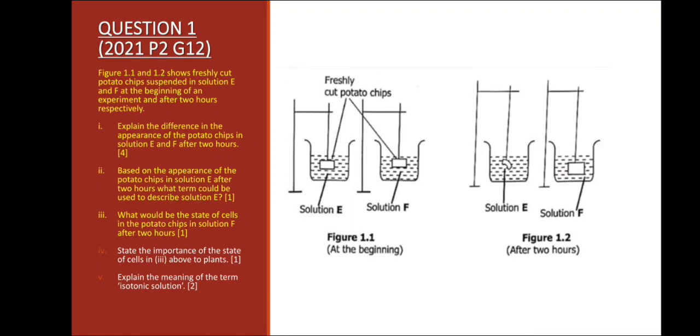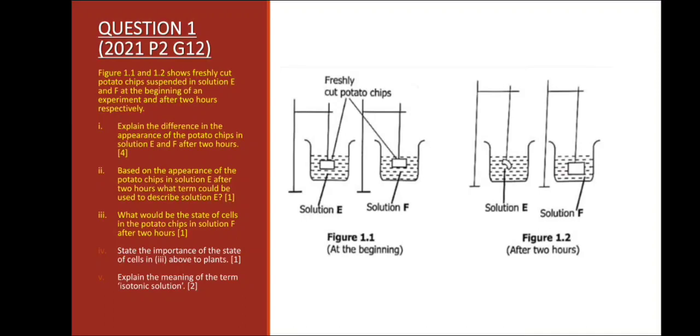If you put an animal cell in a hypotonic solution, which is solution F, by the way, solution F is hypotonic solution, it will gain water and burst, because an animal cell does not have a cell wall, and the cell wall is what prevents a cell from bursting.